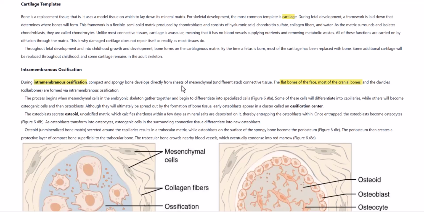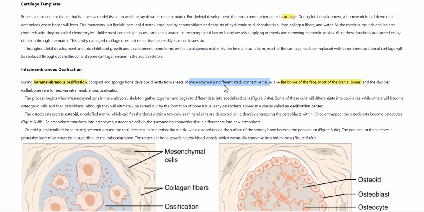And remember, we have mesenchymal cells. These are undifferentiated connective tissues in the body. And those mesenchymal cells will poof, I'm just using the word poof, will become these flat bones.